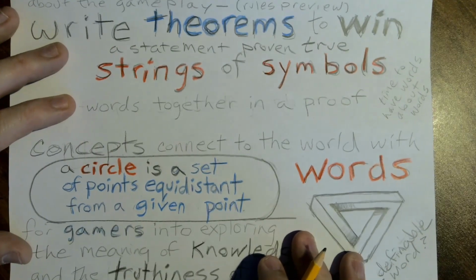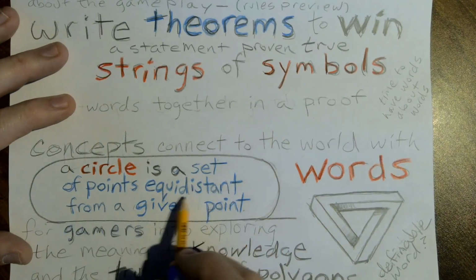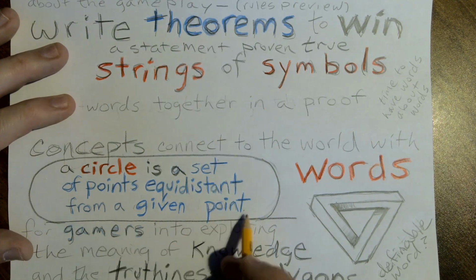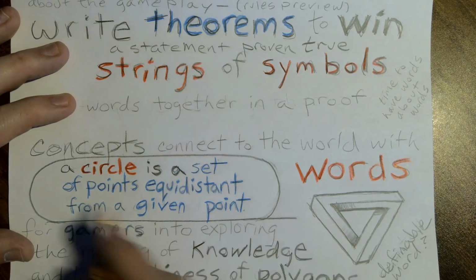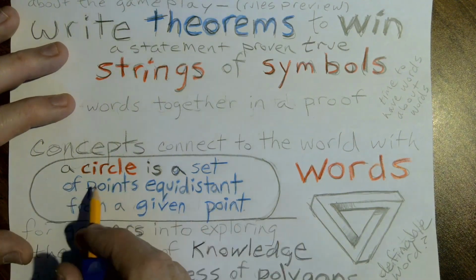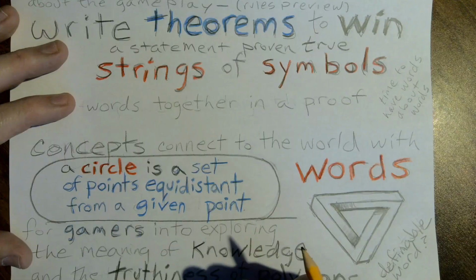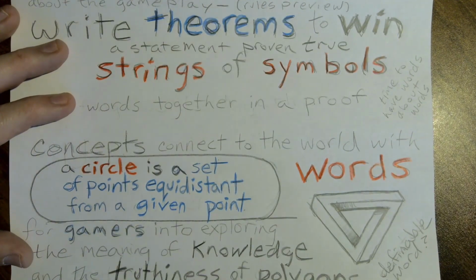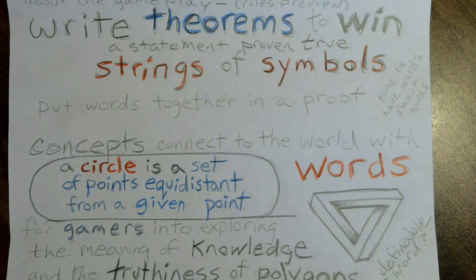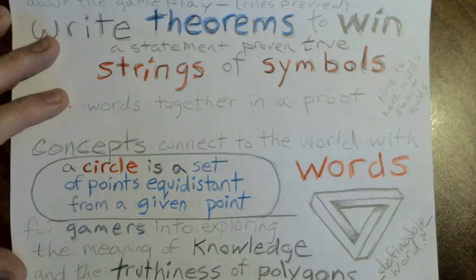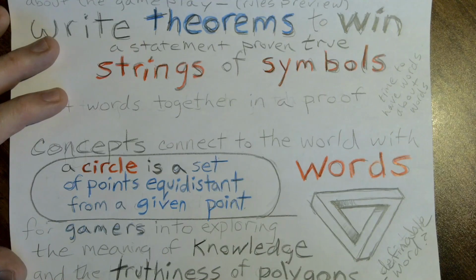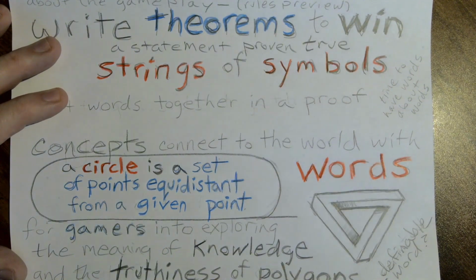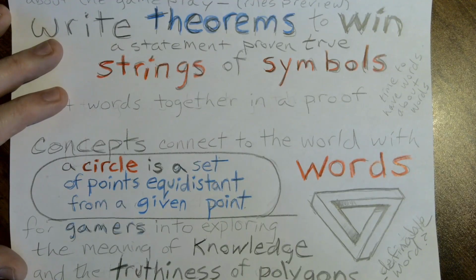So what are the meanings, the definitions, of equidistant, or points, or given point? This is the definition of the word circle. What is the definition of the word set? So we've got to have a conversation about that, because in writing theorems, we're talking about the truthiness of polygons and how a theorem is a statement proven true within Euclidean space.